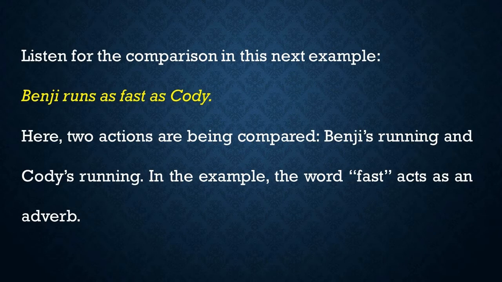Listen for the comparison in this next example. Benji runs as fast as Cody. Here, two actions are being compared. Benji's running and Cody's running. In the example, the word fast acts as an adverb.